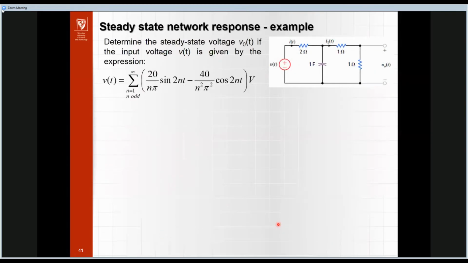Okay, and so now two examples. First, we should determine the steady-state voltage v0(t) if the input voltage is given by the expression. So we have the expression which describes the source. The source has no constant term, and therefore its DC value is equal to 0.